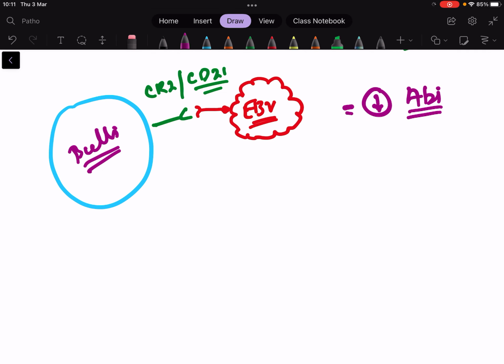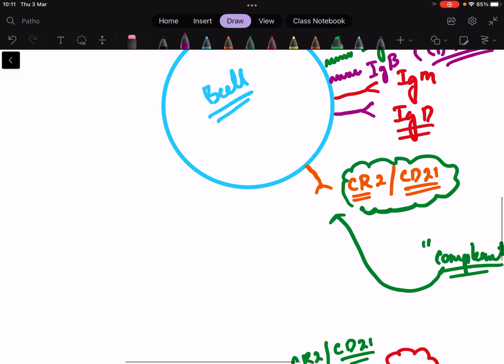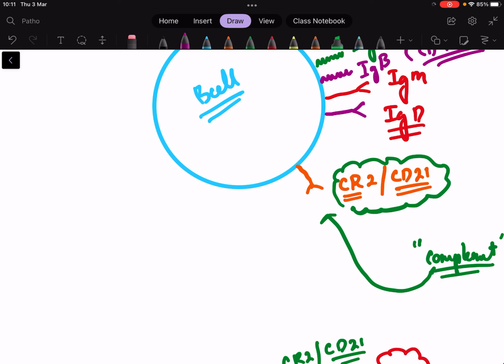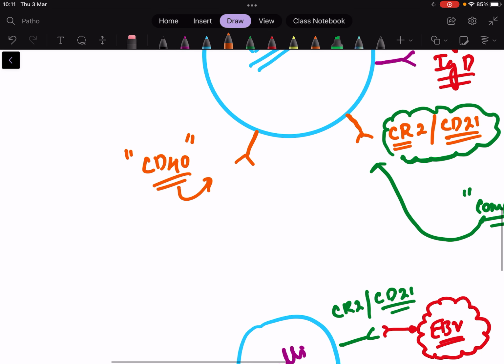Now what is the other receptor which is present on the B cell? Let me take orange. Here this receptor is called the CD40 receptor. Please remember this receptor. Why is this receptor important?